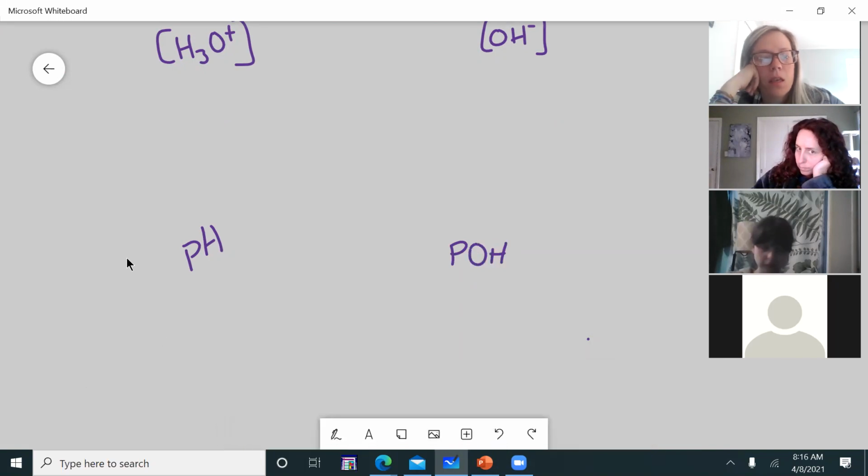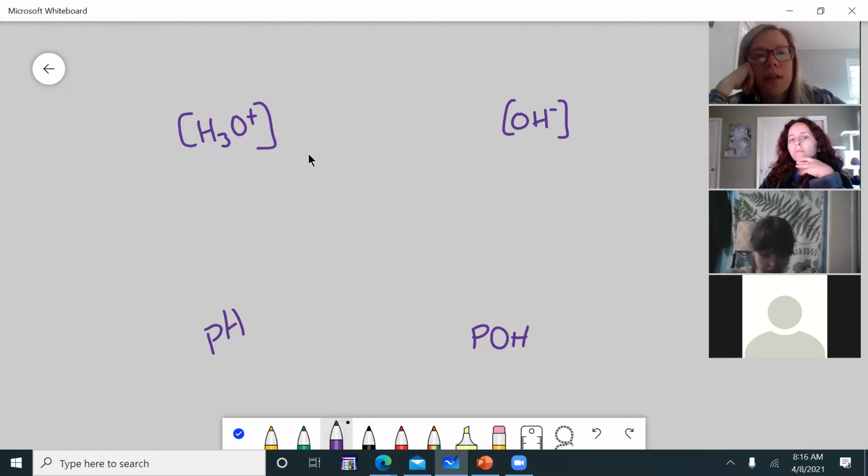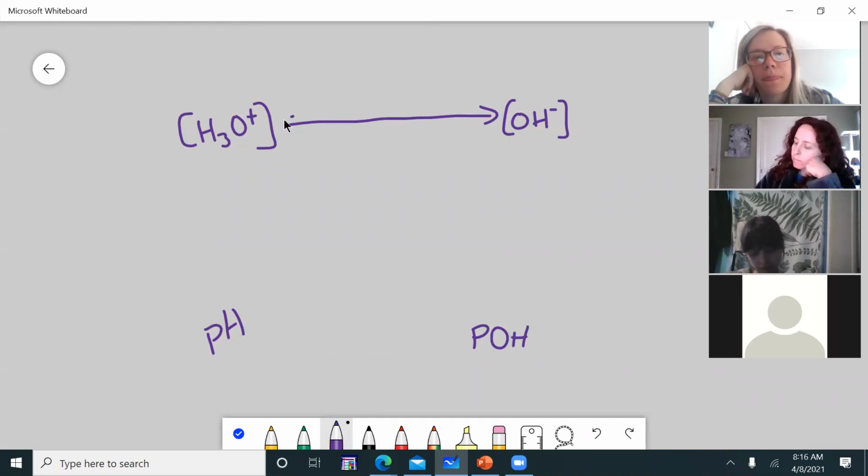Okay. So right now we can actually go between these two things. If I gave you one of these, you could calculate the other one because we know the Kw constant. So let's fill in an arrow or a little pathway. And let's put the equation in here that Kw will always equal whatever the H3O plus concentration is times the OH minus concentration.